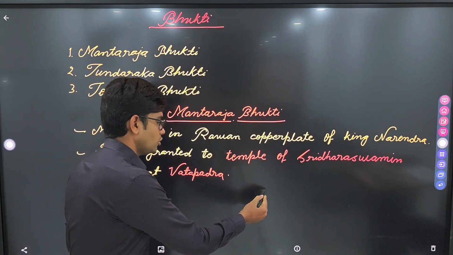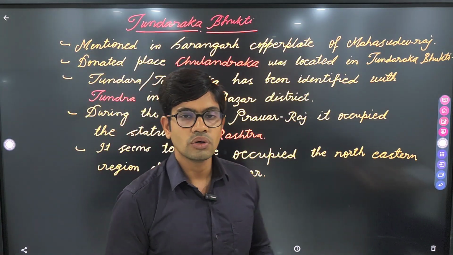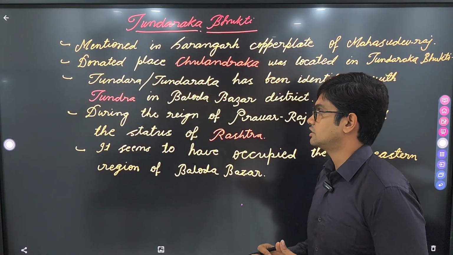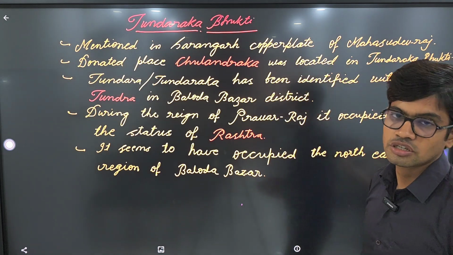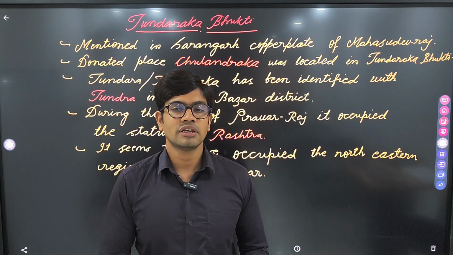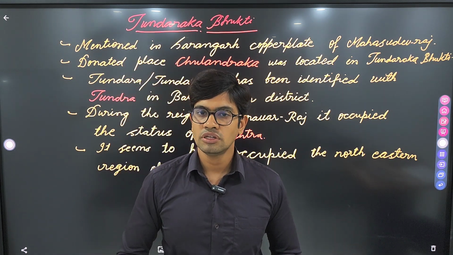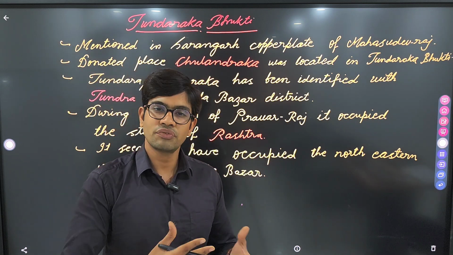Now let's talk about another one, that is Tundaraka Bhukti. As far as Tundaraka Bhukti is concerned, it has been mentioned in the Sarangad copper plate of Mahasudev Raj. Mahasudev Raj and Sudev Raj are the same person, maybe the name Mahasudev Raj was used for the purpose of glorification.